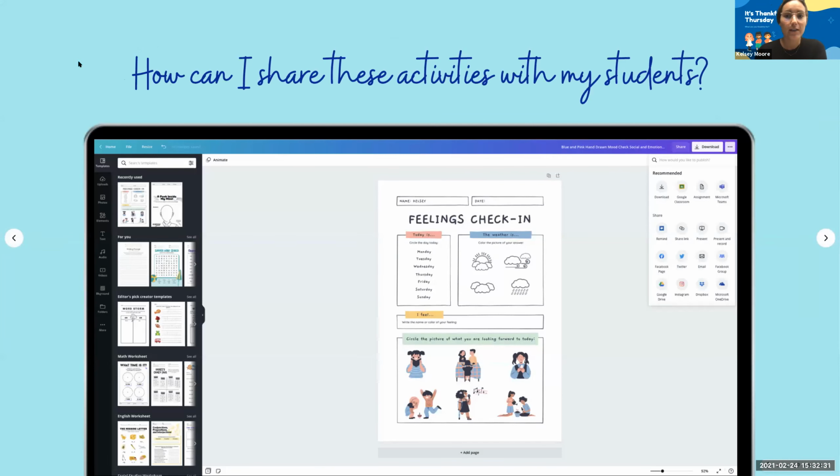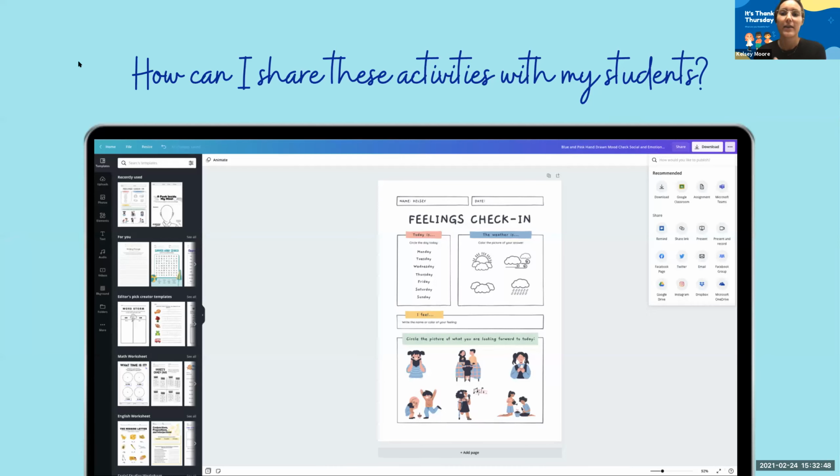We just wanted to quickly go over how you can share these activities with your students, whether you're remote or in person. Sharing on Canva is super easy, and there's a ton of options. The main way you do it is you go to the 3 dots in the upper right-hand corner of the editor and you get a list of sharing options.